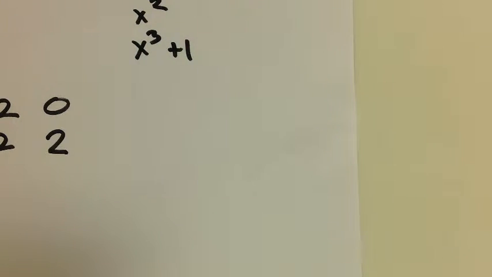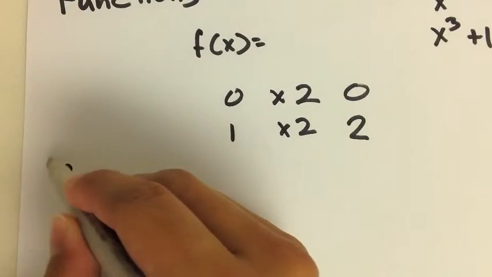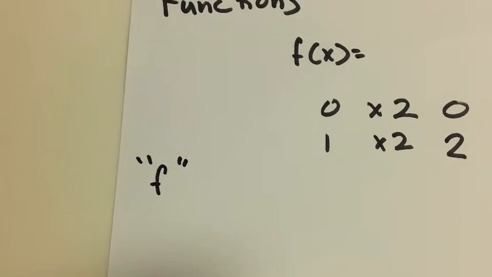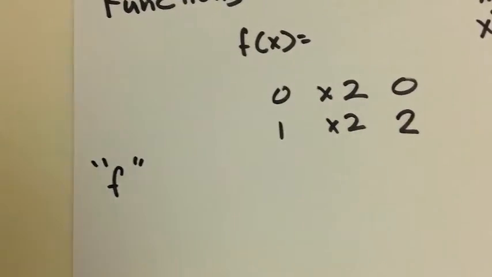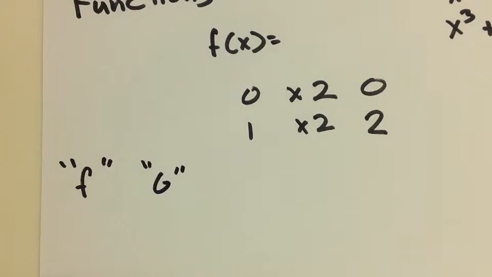But the name, you could give many names. The most common are f and g, but you can also put any type of name as long as you can understand the basics of your function.